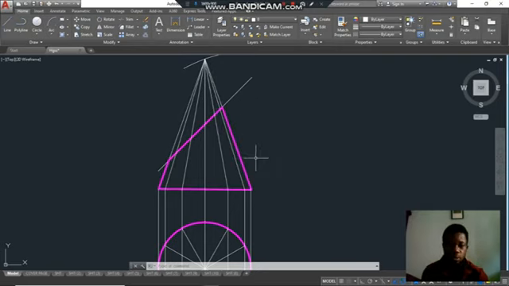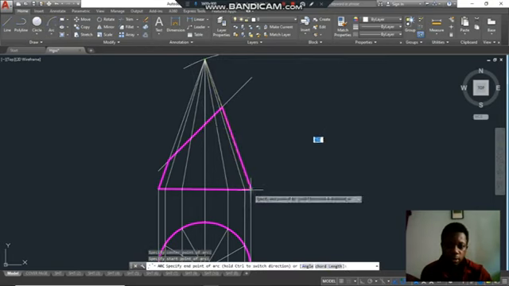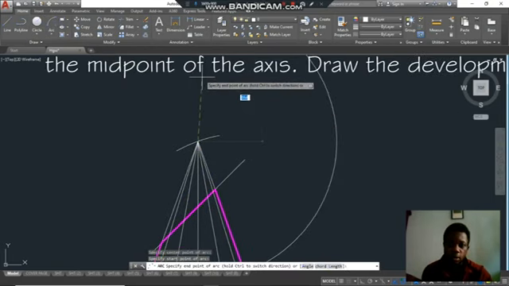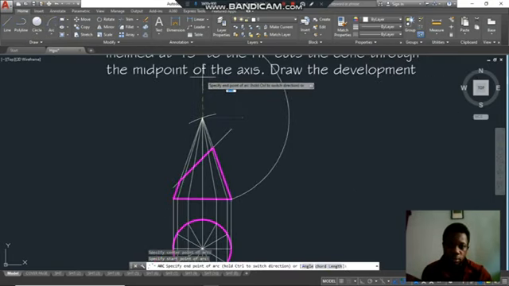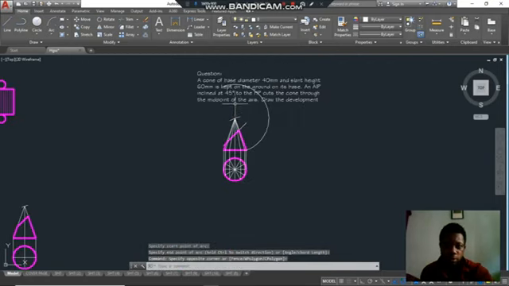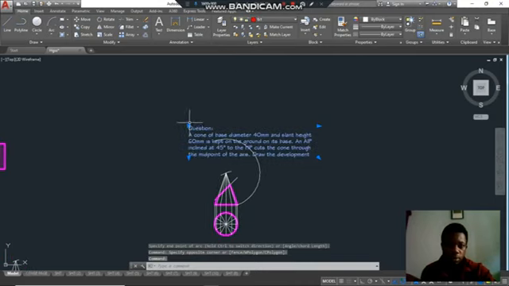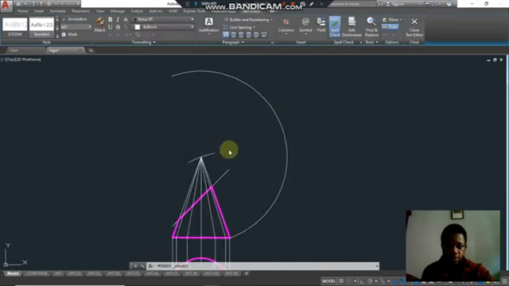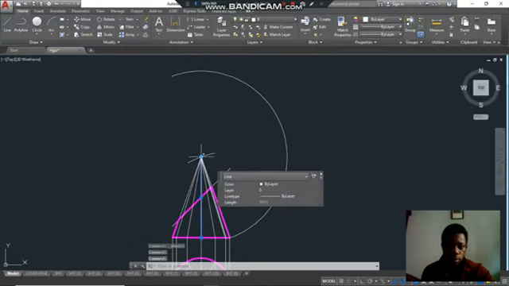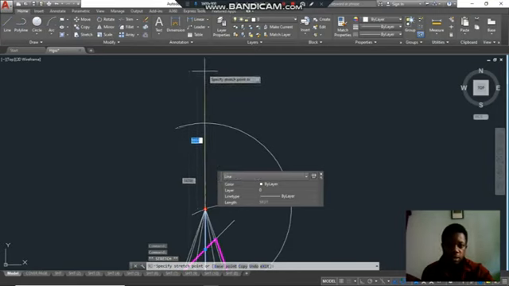So let's do that. So we pick our arc, center here, radius this point, we draw an arc. We draw an arc this way. I will move this up so that I can have space. Let me extend this line.